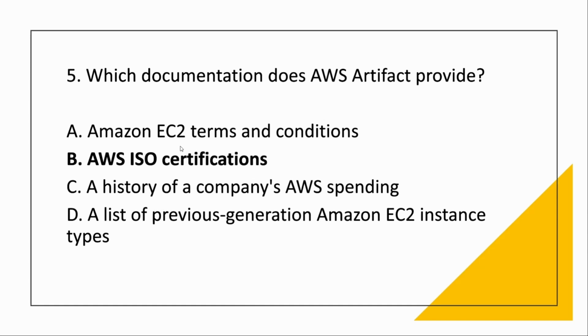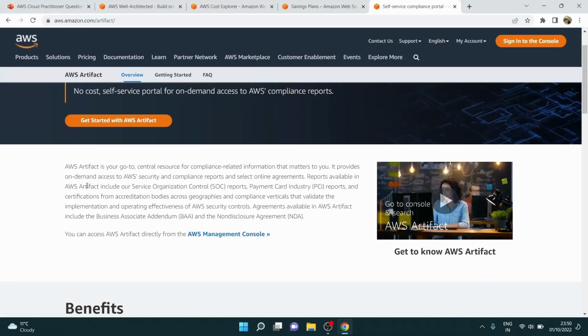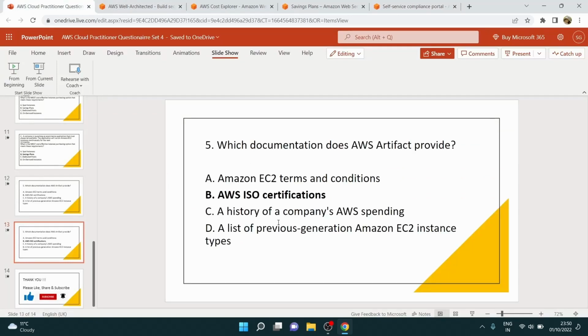Artifact is your go-to central resource for compliance related information that matters to you. It provides on-demand access to AWS security and compliance reports and select online agreements. It has nothing to do with AWS spending, EC2 terms and conditions or previous generation EC2 instance types.